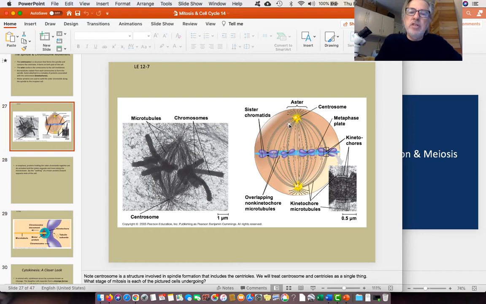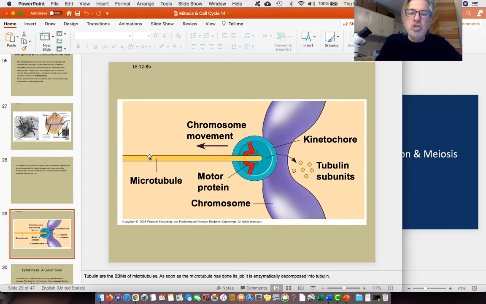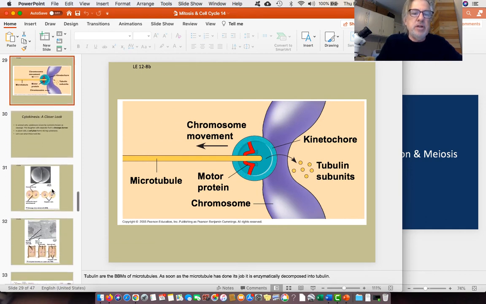Now, the spindle apparatus attaches to the centromere, and then the centromeres are broken apart, and then a motor protein walks them away, as we said earlier.